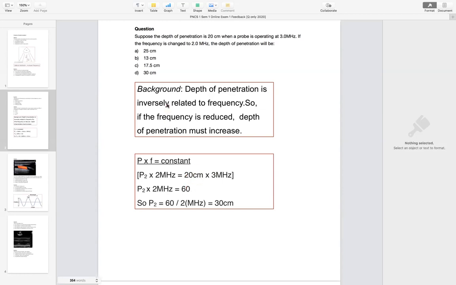By substituting 30 into the equation, knowing that both sides of this must be equal, we can appreciate that by reducing the frequency to 2 megahertz, the depth of penetration is going to be 30. I know that's a more challenging one, but really there was a couple there that could be excluded. By thinking carefully, you can come up with that answer.